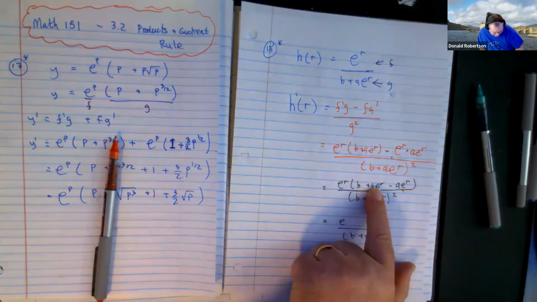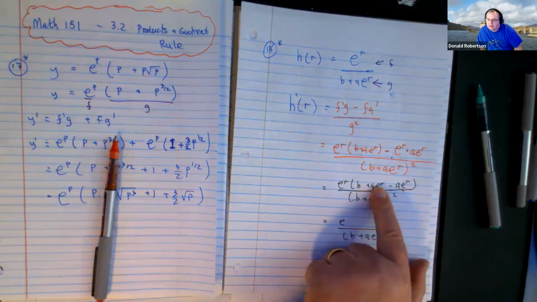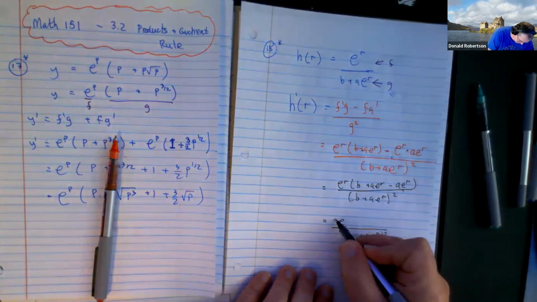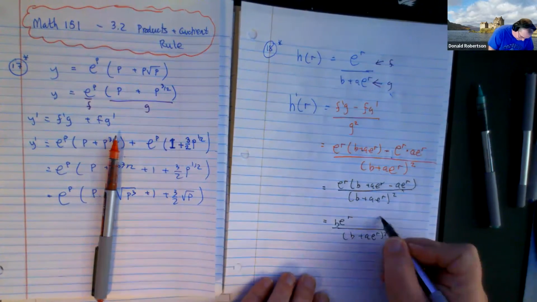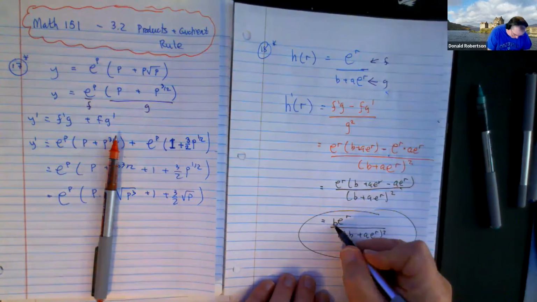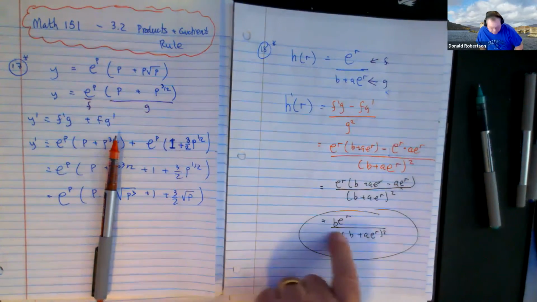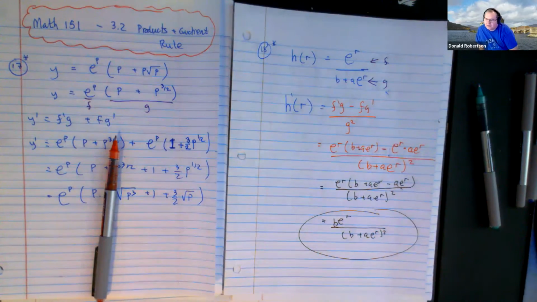Doesn't that guy kill off that guy? So all that's really left is a b. It's a bit lopsided, but there is your answer. The derivative of this fraction is b e to the r over this guy squared. Would you agree style points have helped to make this question nicer looking? The answer.